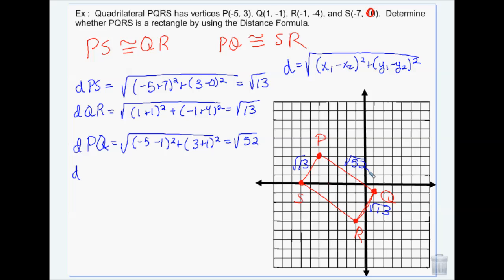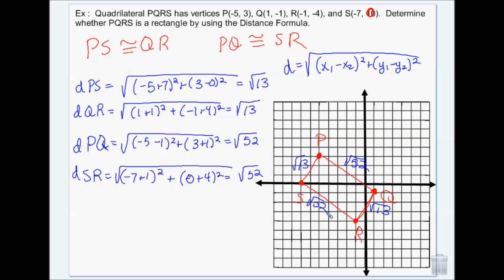And then the distance of SR is going to give me negative 7 plus 1 squared plus 0 plus 4 squared, which again is 36 and 16, so it's the square root of 52.